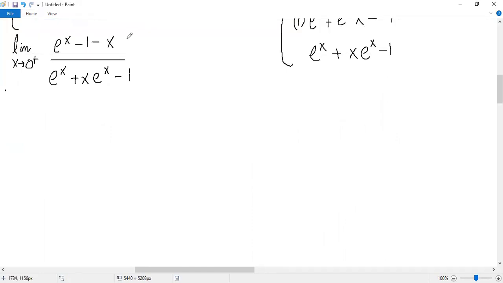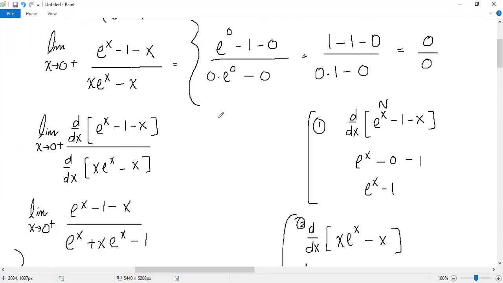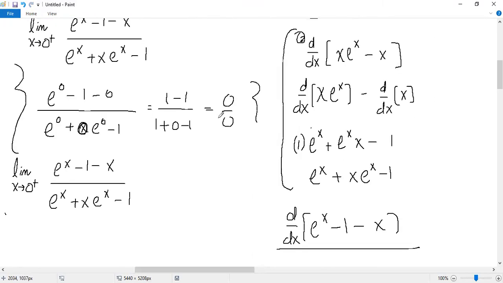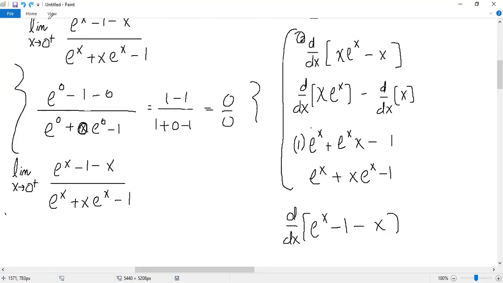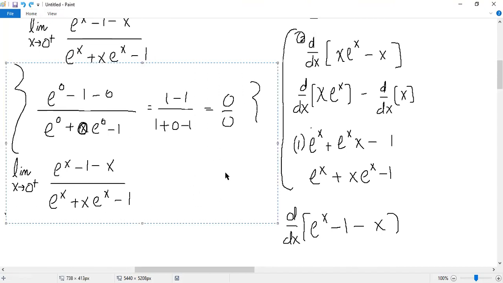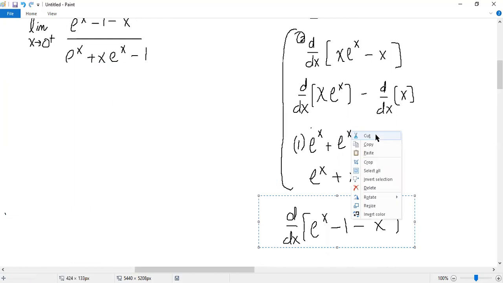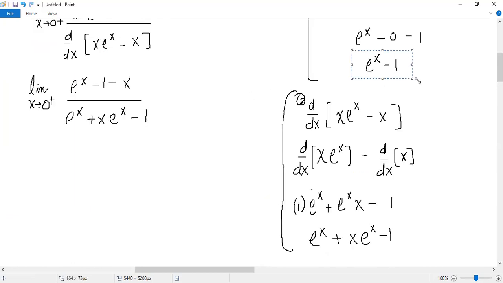So by that, I mean to take the derivative of the top. I don't think I want to, you know what, I think we sort of made a mistake here, because the derivative for the top piece was actually just e to the x minus 1.